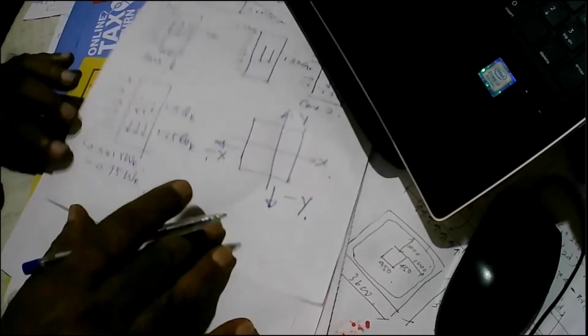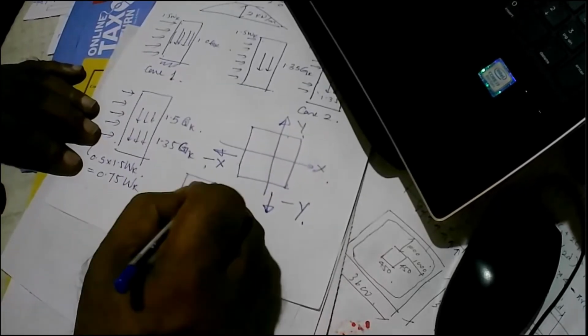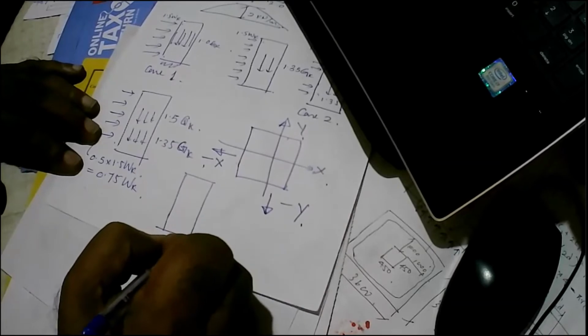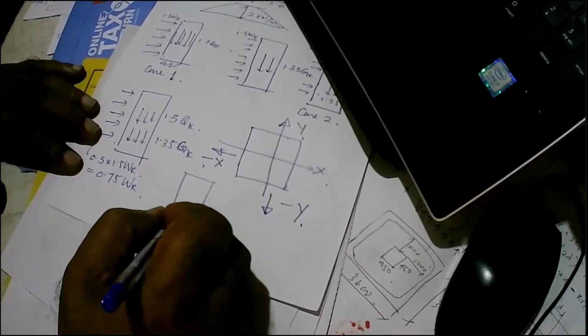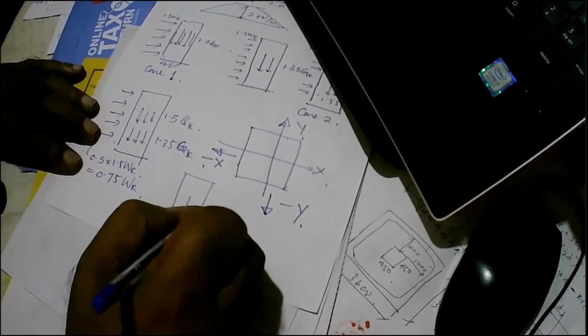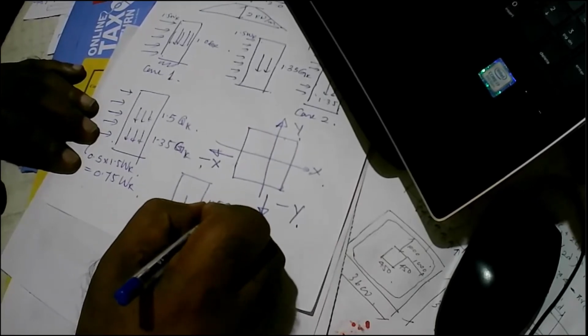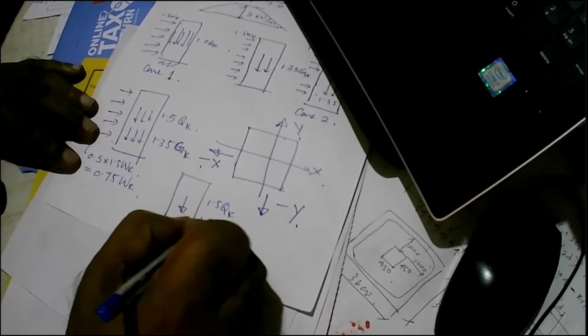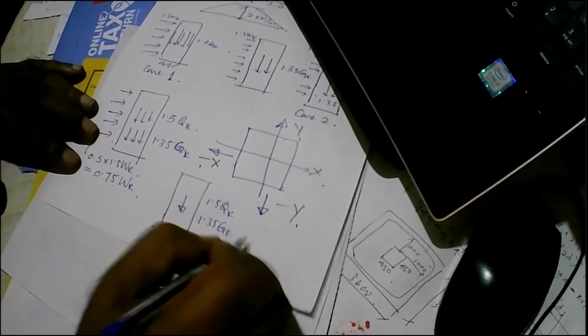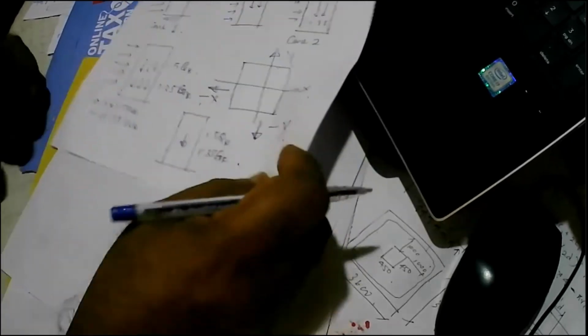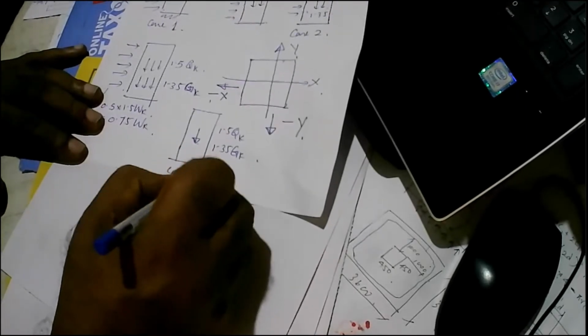And in addition to all this, we generally may not be the worst, but we generally create 1.5 QK, 1.35 times PK case as well. And we say it's combination 4.